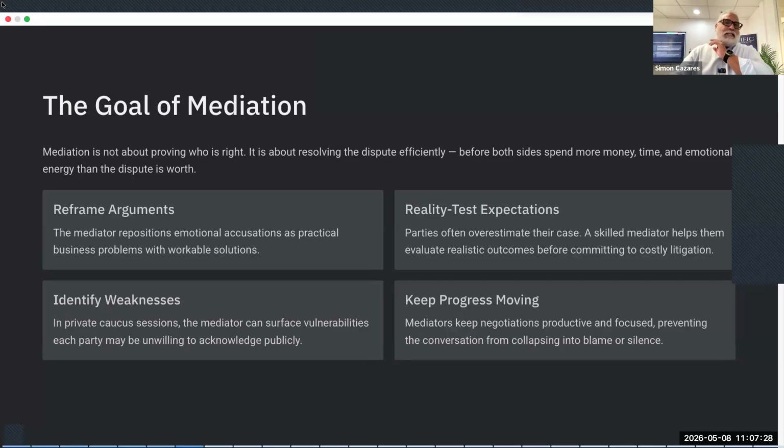And then reality test expectations, right? Parties often overestimate their case, right? Sometimes you'll hear blah, blah, blah, and then I say, stop. Tell me the real reason we're having this conversation. Oh, it's because of this. So we just spent 10 minutes talking about something totally different, because they take me on this roller coaster ride before they get to the core, trying to explain what led them to where we're at now.